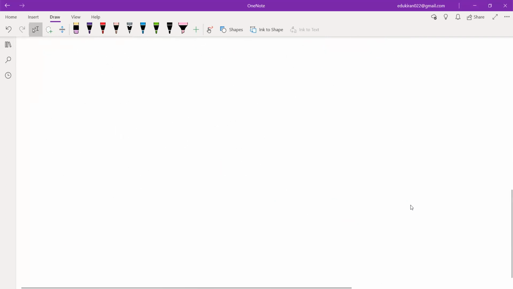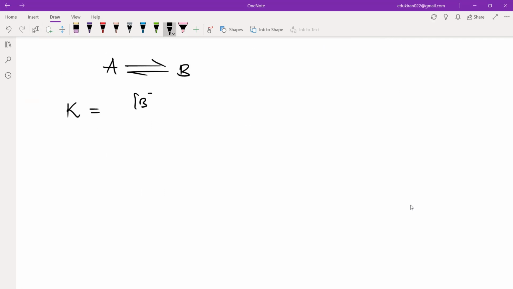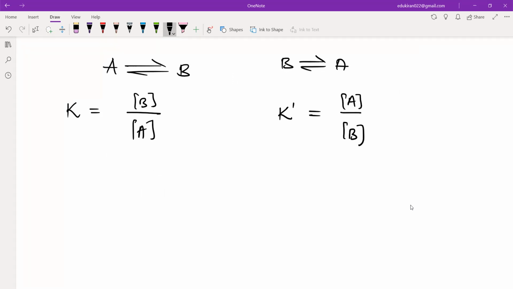If I talk about A to B, then the equilibrium constant K is equal to the concentration of B divided by the concentration of A. But if I talk about B to A, and write the equation like this, then the equilibrium constant for this equation, let us say K dash, will be equal to the concentration of A upon the concentration of B. So the relation between K and K dash is that K dash is the inverse of K, right? Yes or no? Please tell me.